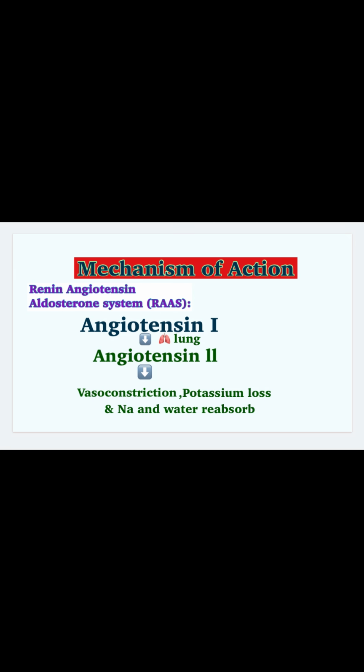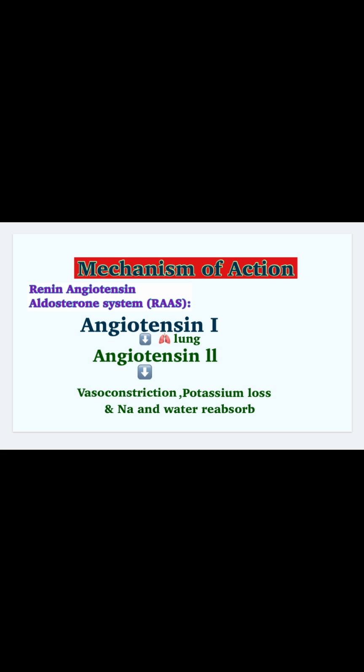Mechanism of action of ACE inhibitors. Before we discuss the mechanism of action of ACE inhibitors, we need to know the RAAS system, the renin angiotensin aldosterone system, in which angiotensin 1 is converted to angiotensin 2 in the lungs.